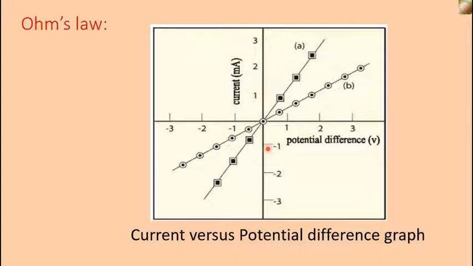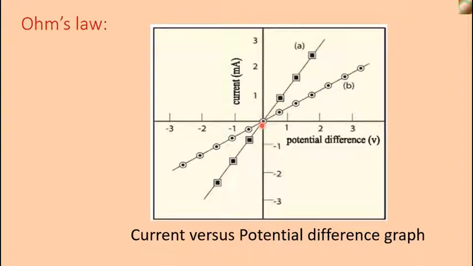Here, for the first conductor, if we apply a potential difference, then we will get a current. Here current is given in milliampere. When the potential difference is increased, the current through the conductor is increased. In the given graph, as potential difference is increased, current is also increased.